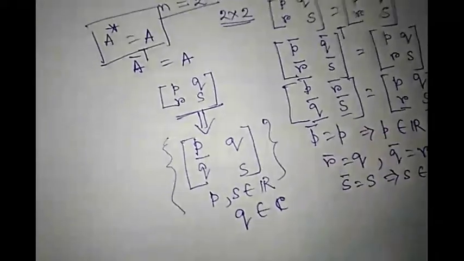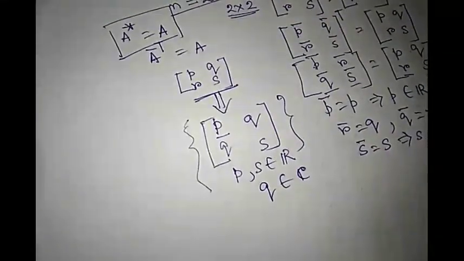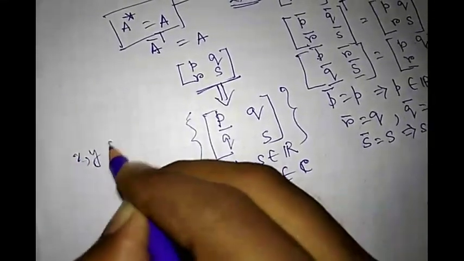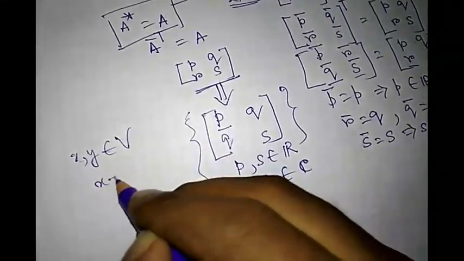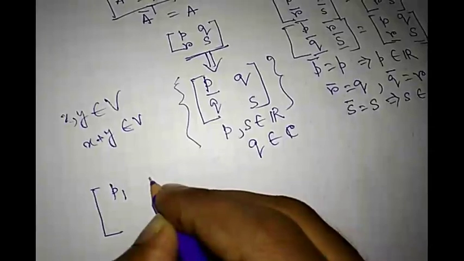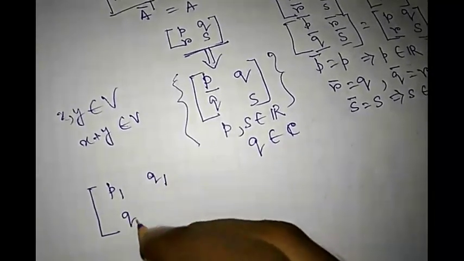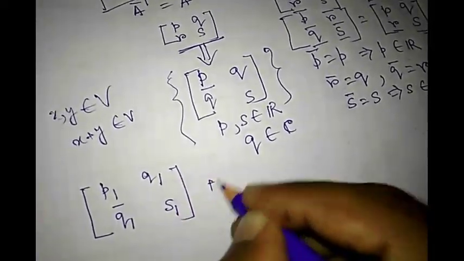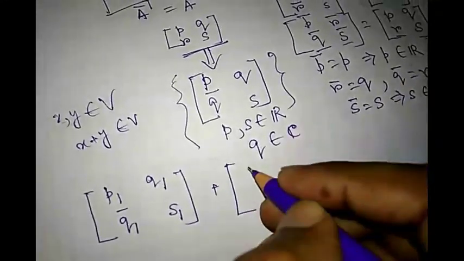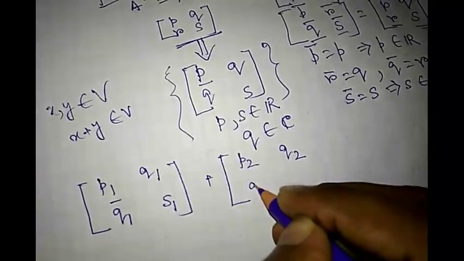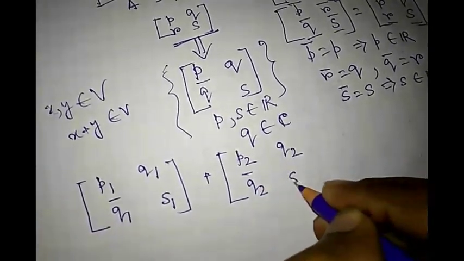Now this is a vector space. As you know, if x, y belong to V, where V is a vector space, then x plus y belongs to V. So now we take two matrices: P1, Q1, Q1 bar, S1 plus P2, Q2, Q2 bar, S2.